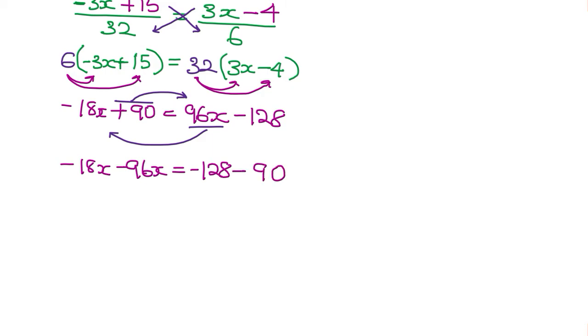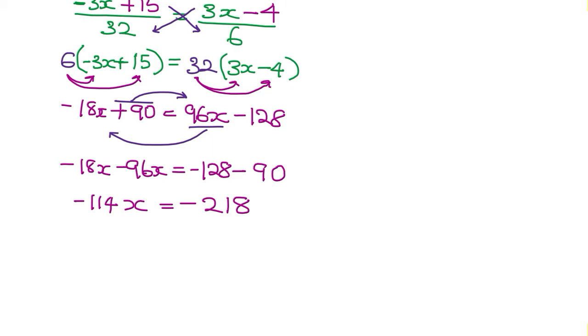And once you have that, you can solve for the coefficient of x, which in this case is negative 18 minus 96, which gives us negative 114x, and on the other side of the equal sign we have negative 218.